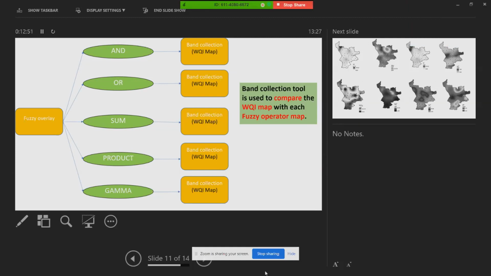You have 9 interpolated maps, right, and you need to find, I mean, a WQI map. So you need to overlay them together by applying the fuzzy logic, and you apply AND, OR, and sum, right? If you apply AND you get the minimum value, and if you use OR you get the maximum value.